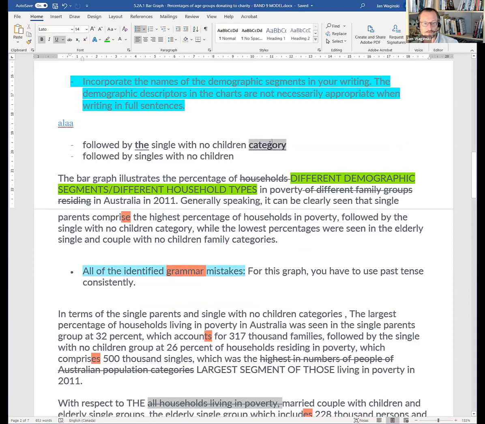If you say category or group, you need to put the. So if you want to put those phrases from those categories directly in, then you need to say followed by the single with no children category or group, or followed by singles with no children.